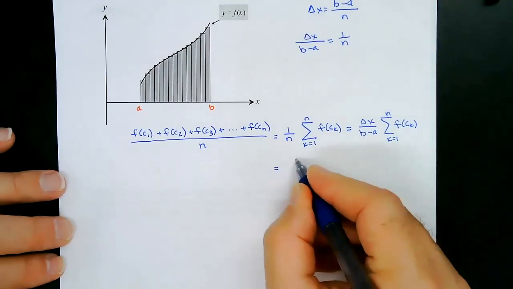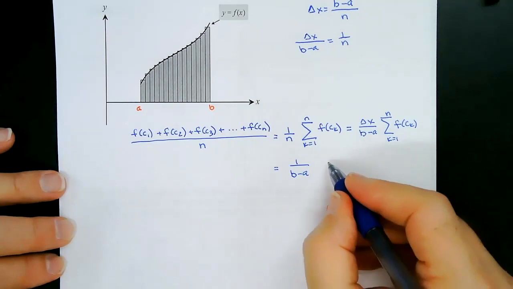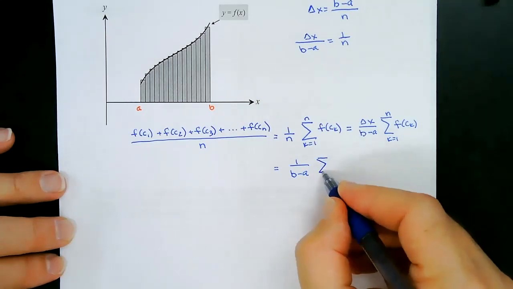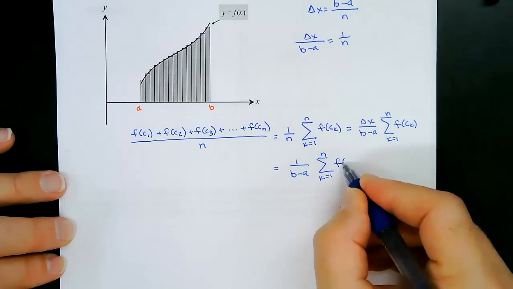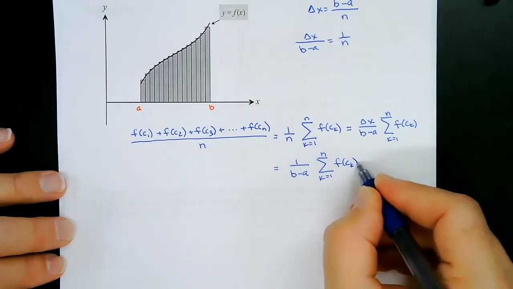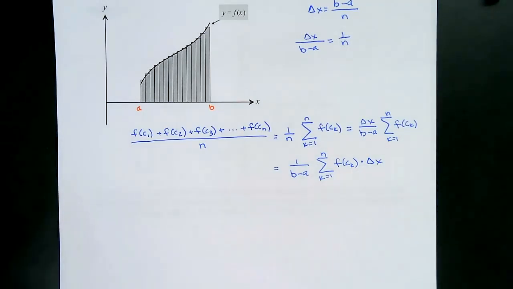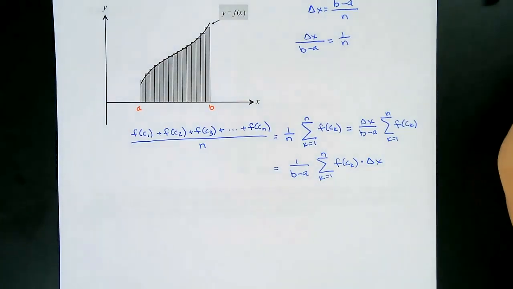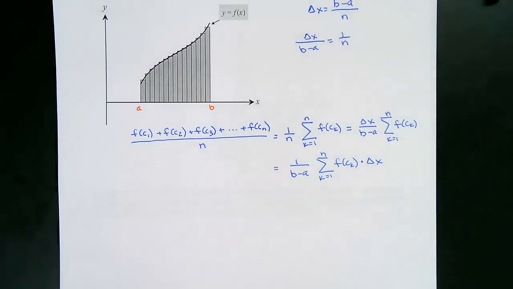So this becomes 1 over b minus a times sigma, k equals 1 to n, of f of c sub k times delta x. Once again, the same thing works, even if there's n of them.